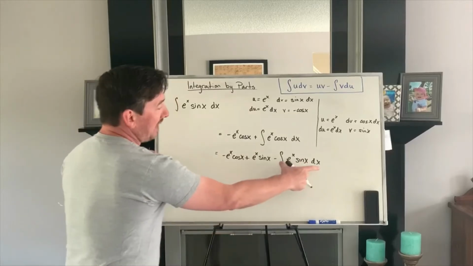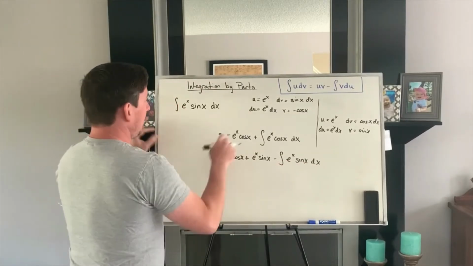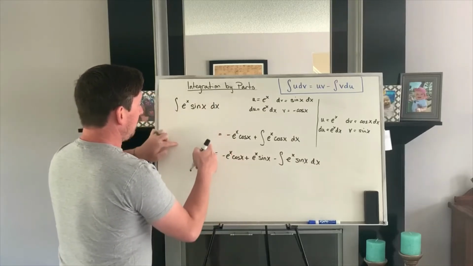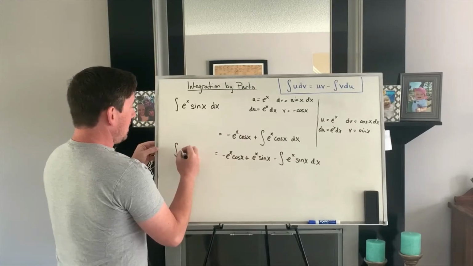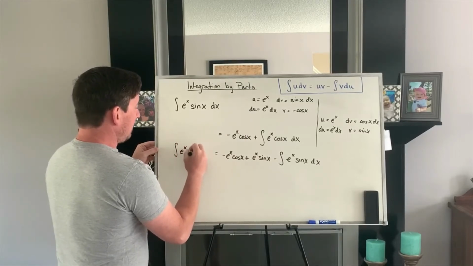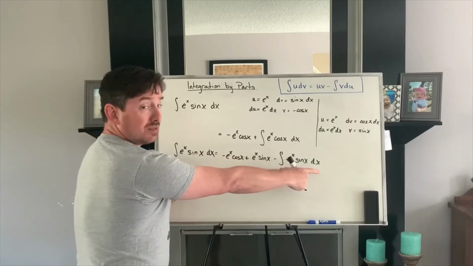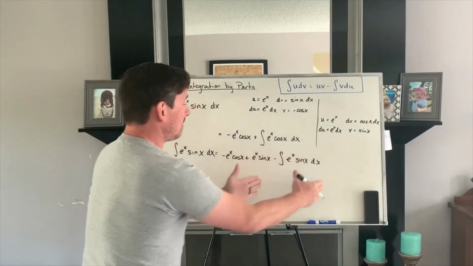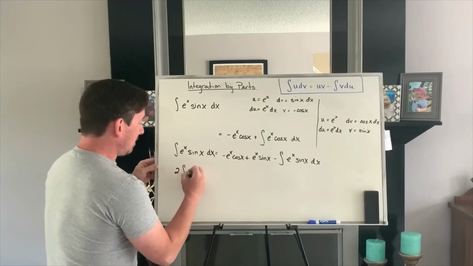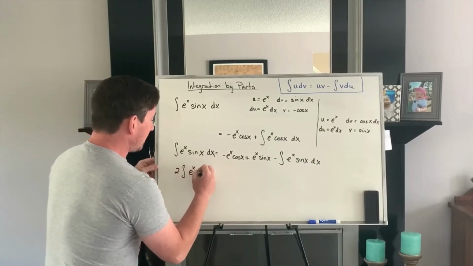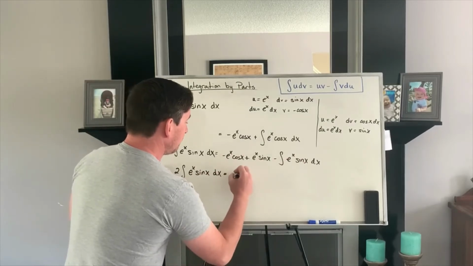I can actually add this whole integral to both sides of this equation. If you think of the, I didn't keep writing this, but the left side of this equation is still this. And we have like terms. So I can actually add this integral over to the left-hand side to get 2 times the integral of e to the x sine x equals all this stuff.